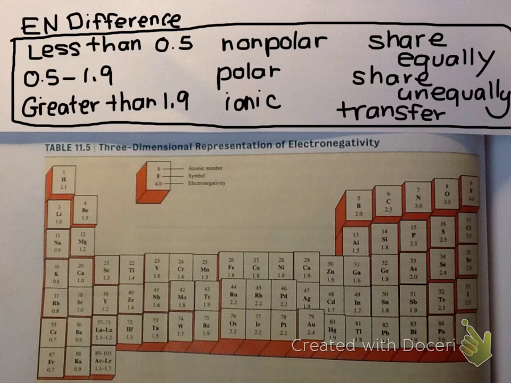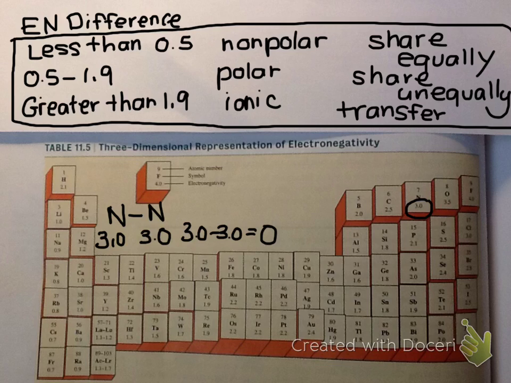So let's say, for example, two nitrogens were forming a bond, and I'll just put nitrogen. A line is a common way to describe a bond. So nitrogen, if we look, has an electronegativity value of 3. So this nitrogen would have a 3, and this nitrogen would have a 3, and the difference would be 0, because 3 minus 3 equals 0.